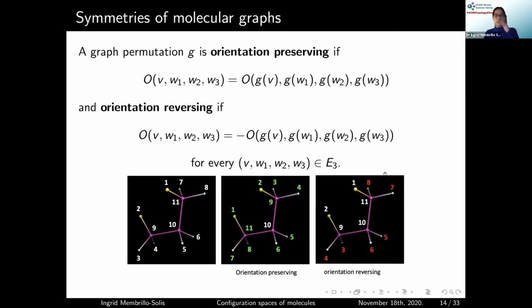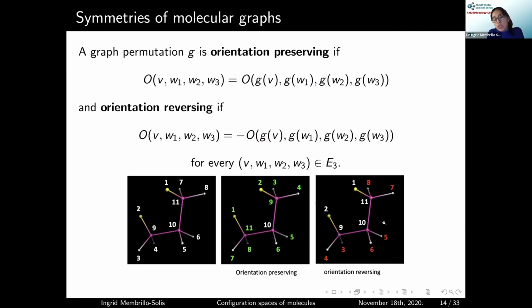So here I have to give some examples of orientation reversing and orientation preserving. This, for instance, is orientation preserving: we start with this conformation and this labeling, and then we do some permutations. In here we are just swapping this methyl from one side to another, swapping these two hydrogens, and then this is orientation preserving.